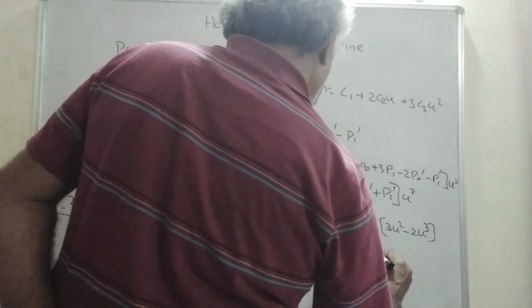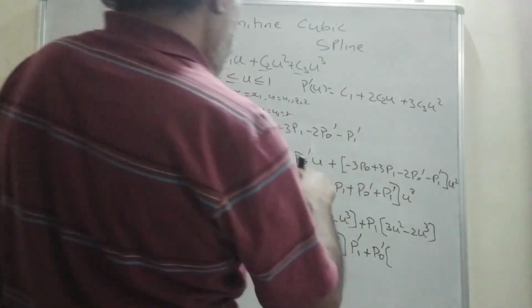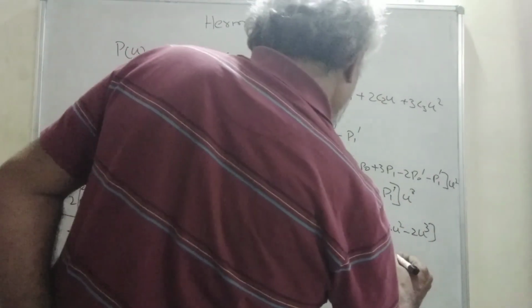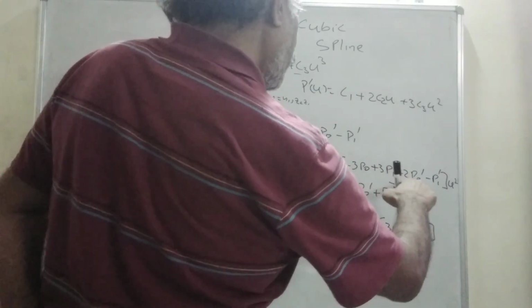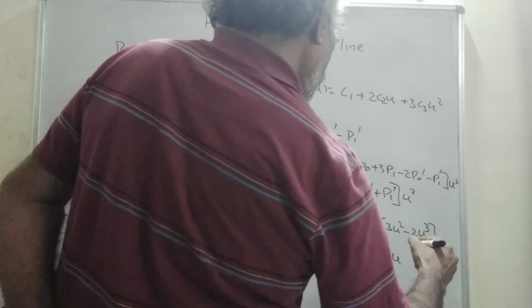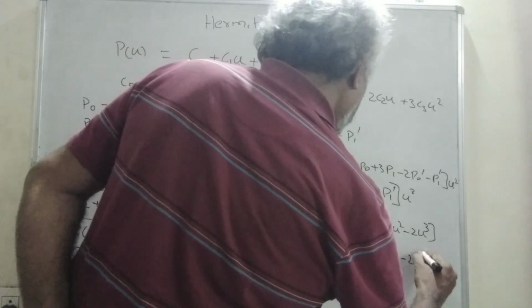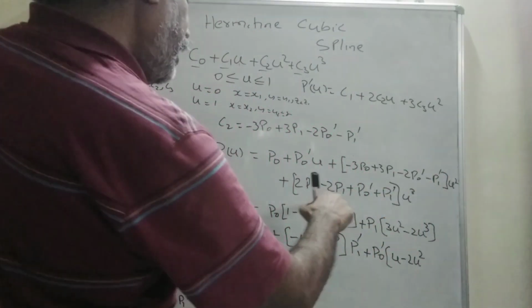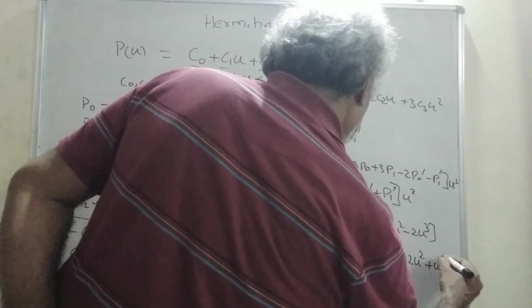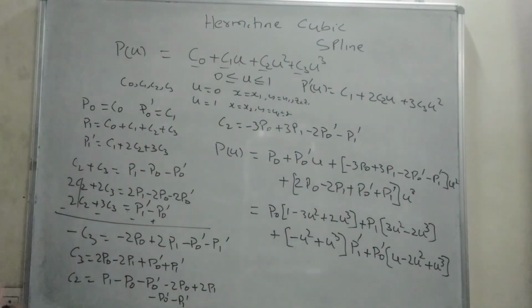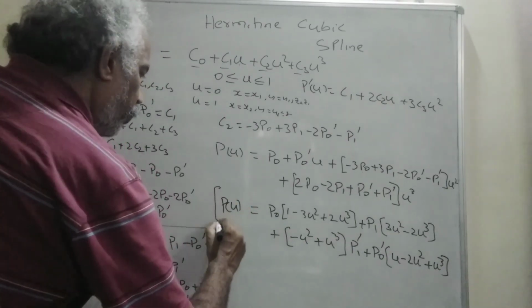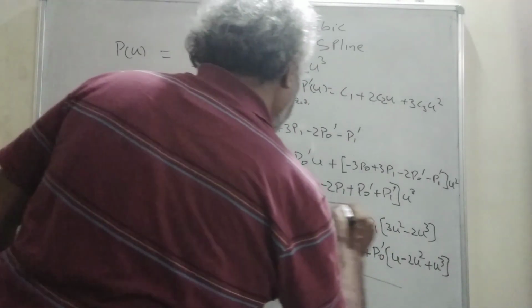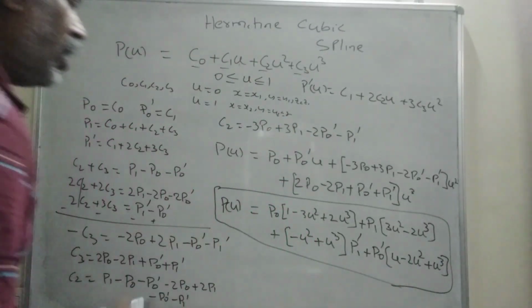P0 dash into U is there, and P0 dash minus 2P0 dash is minus 2U square. And here P0 dash is plus U cube. And this is the equation, this is P(U). So this is the equation you have to use in our algorithm.